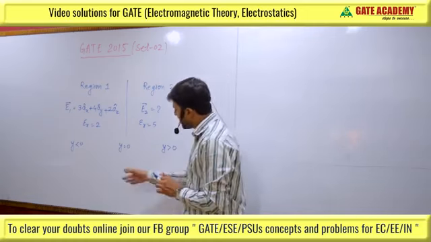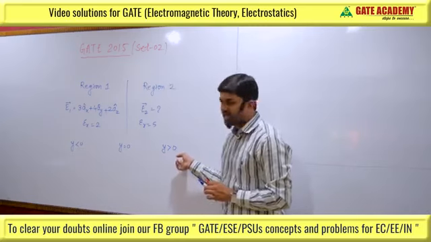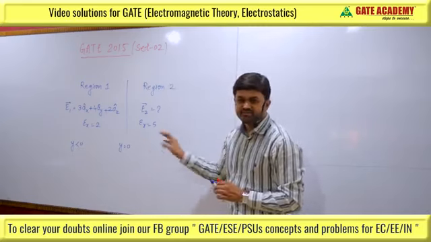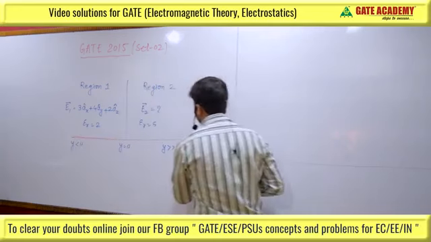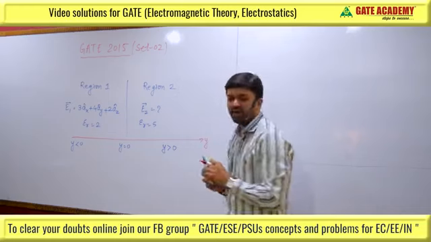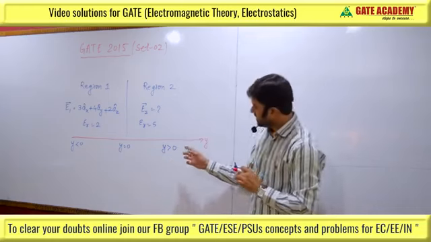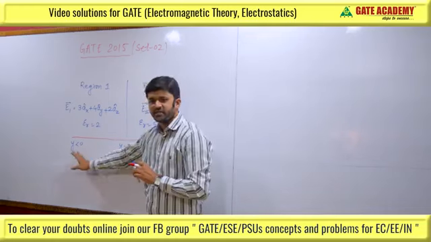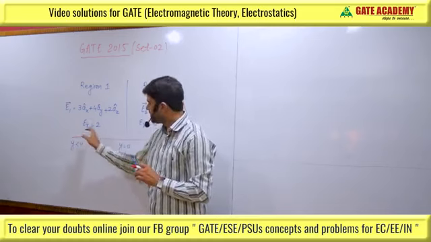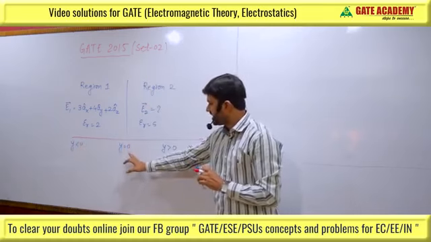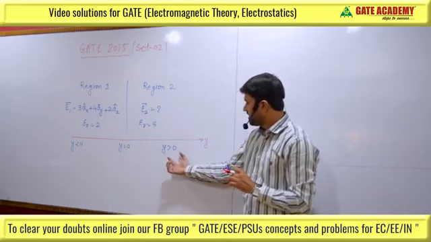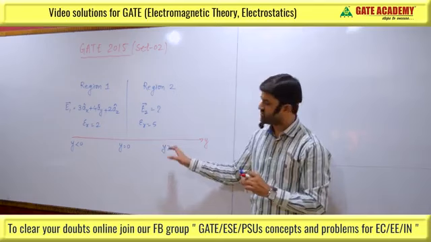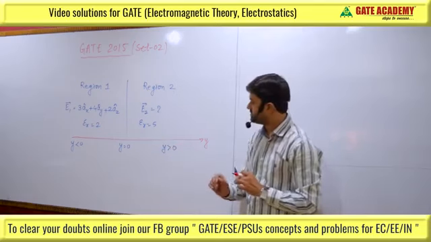As we can see that along this line the y is varying. This is the y axis, because y is here some negative value, because y less than 0, and here y equal to 0 at the boundary, and here y is greater than 0, so it will have some positive value.